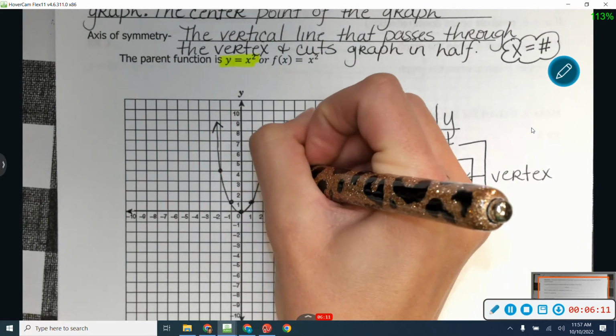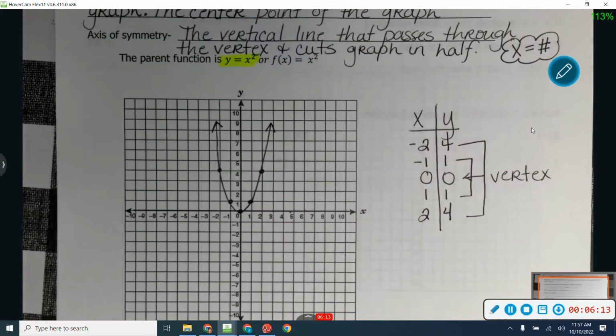Extend it with your arrows because it is a continuous function. Remember that it's not straight lines because that would be an absolute value function. So you've got to make a little curve to it.